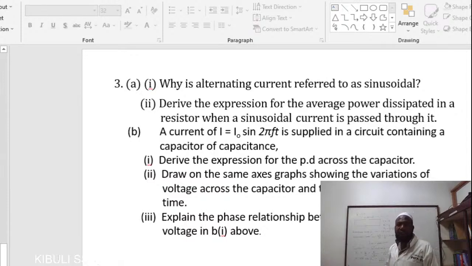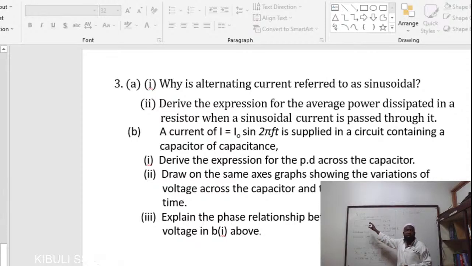Then we have current I given as I naught sine 2 pi ft. You remember in a capacitor we had begun with voltage.